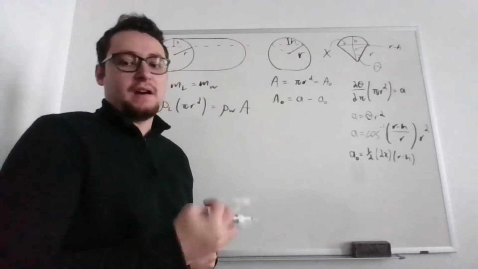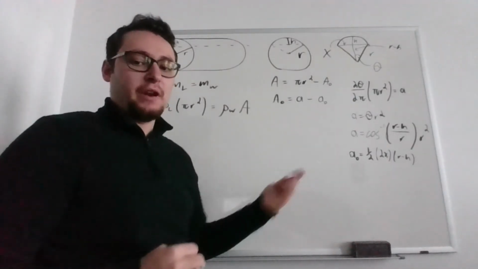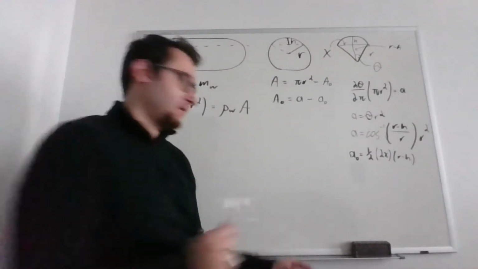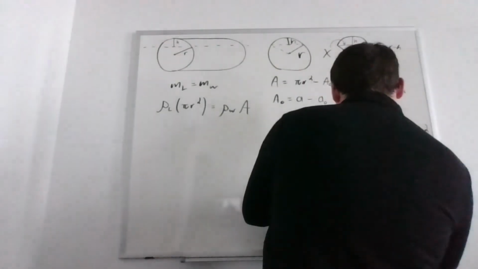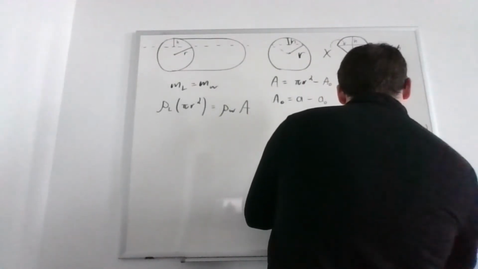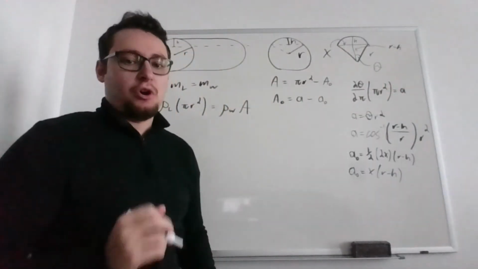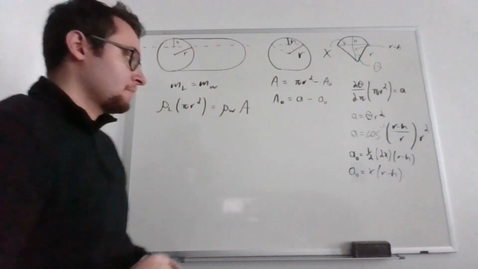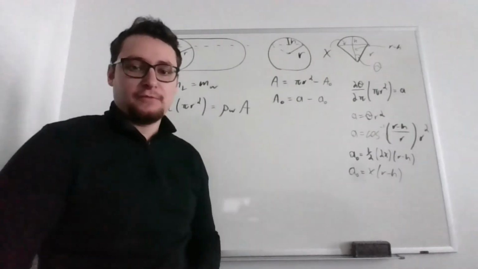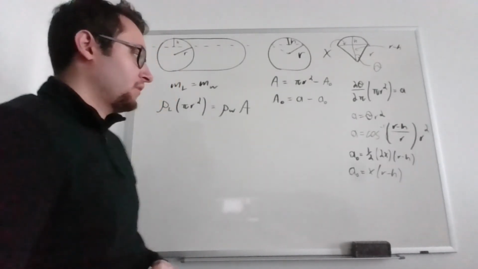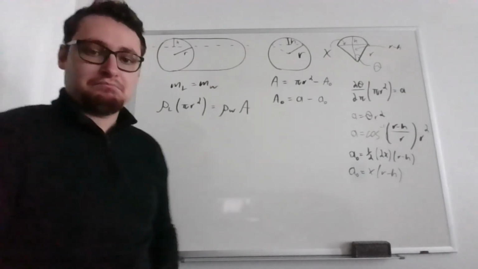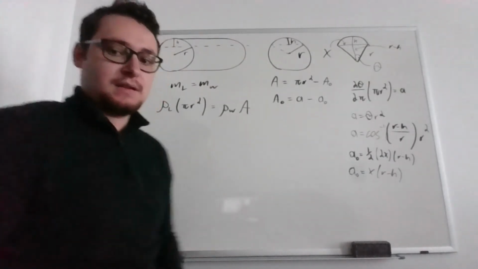That's the 2x. The height is the r minus h. The 1/2 will cancel, and we will get x times r minus h. Pretty straightforward. The only thing now is to subtract. So let's subtract.